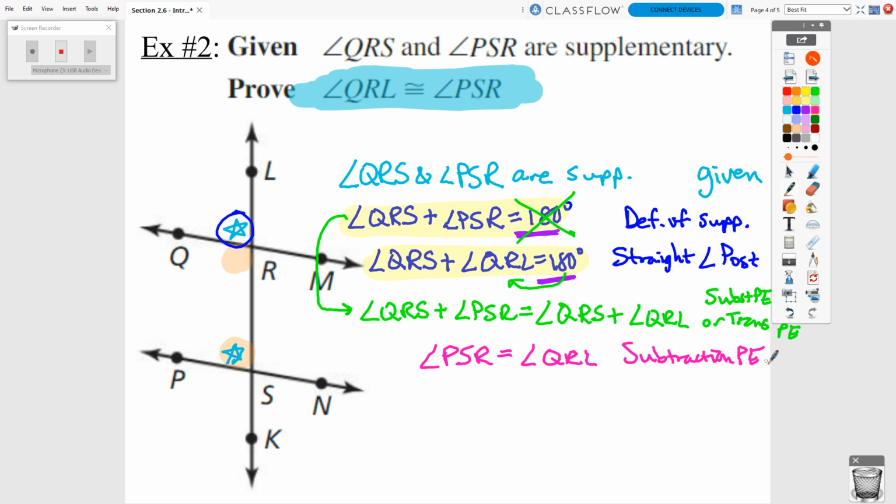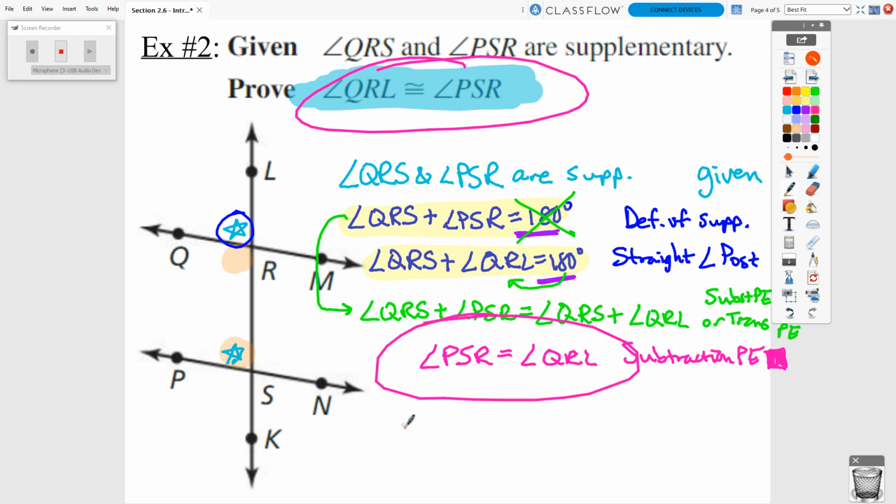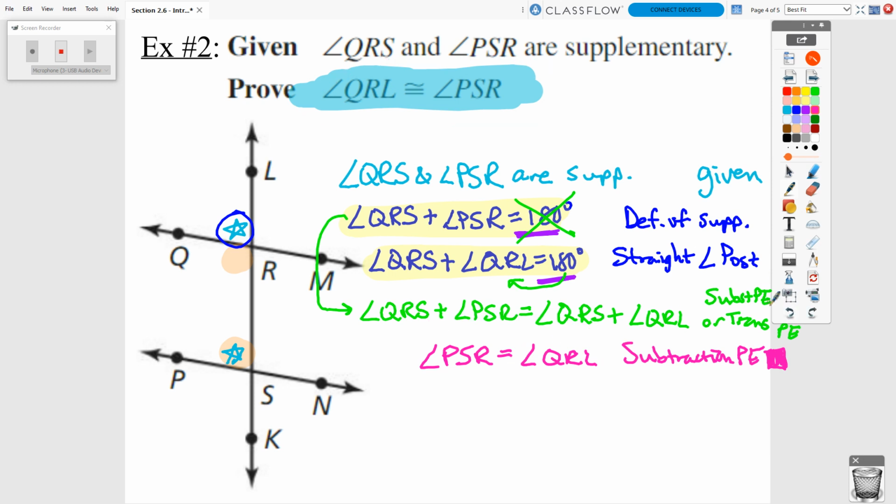Now, really, to me, I am good with calling that done. Some people would look at this and go, it's not exactly the same thing, right? They're flip-flopped. So if that drives your obsessive compulsive disorder a little crazy, and you're like, I don't like that, then you can do one more step if you want. Here's the extra step you could do to flip-flop those. You could say, well, if angle PSR is equal to angle QRL, well then angle QRL is equal to angle PSR.